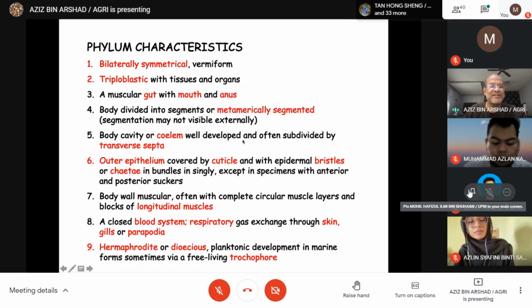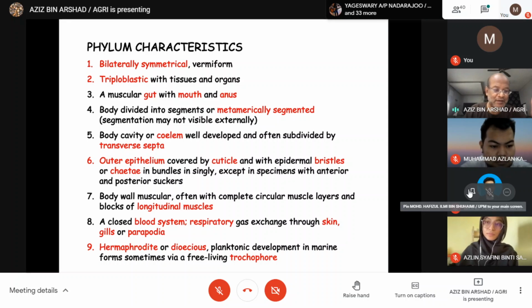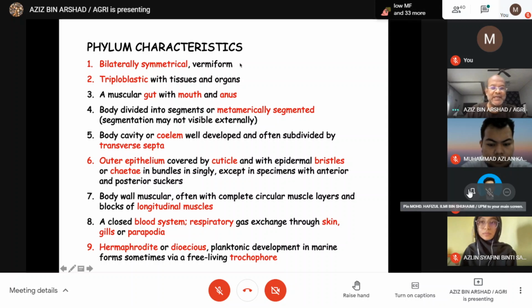The phylum characteristics of Annelida: first, they are bilaterally symmetrical. That means there is a middle line that divides the animal into two equal halves. And the shape of the body is vermiform.